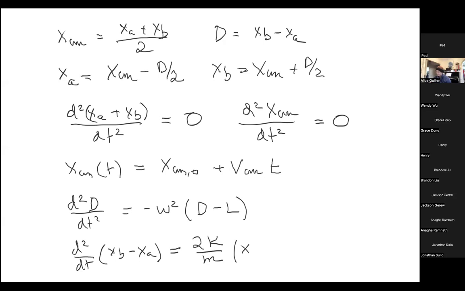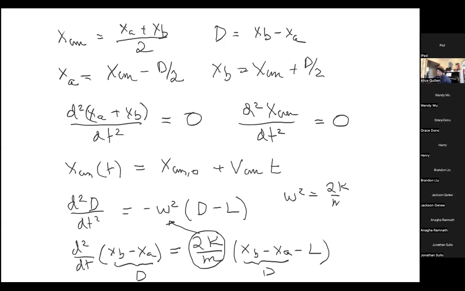So you get this factor 2 here. And then we have xb minus xa minus l. And so this is d, and this is d, and this is that. So it's 2k over m.